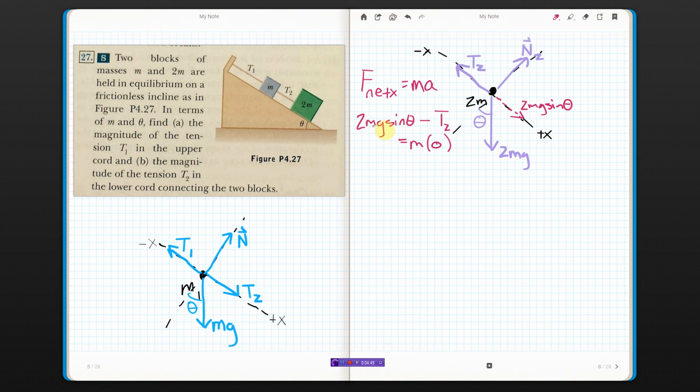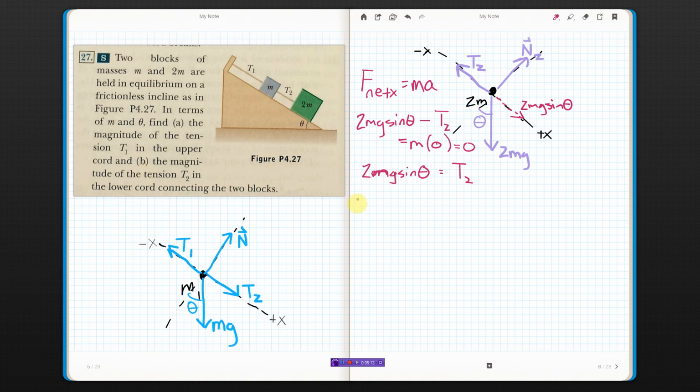So what I have is 2mg sine theta minus T2 equals 0. I'm going to solve this for T2: add T2 to both sides, and what I get is 2mg sine theta equals T2. Well, that's actually the answer to part B.